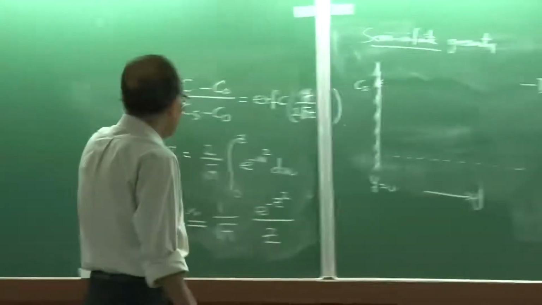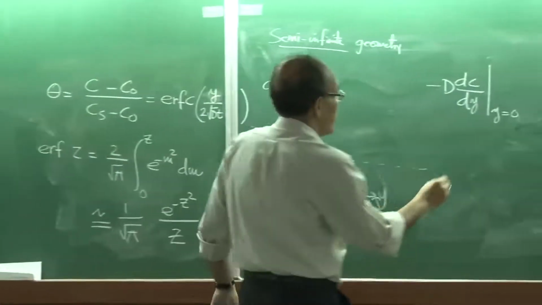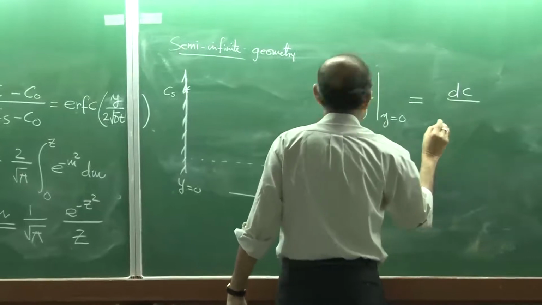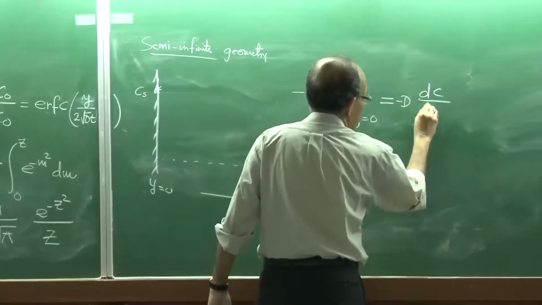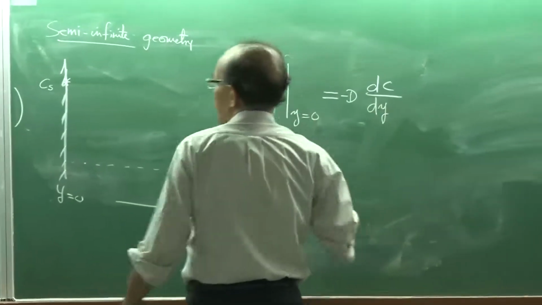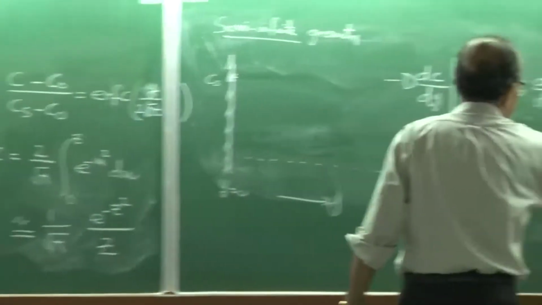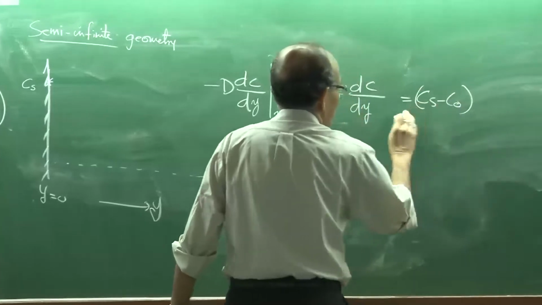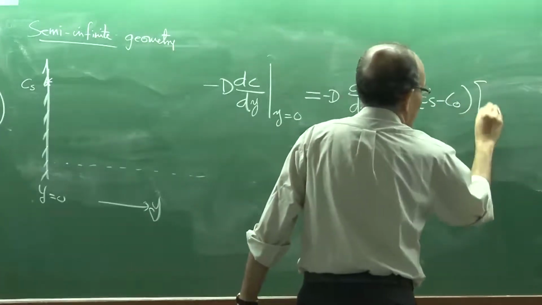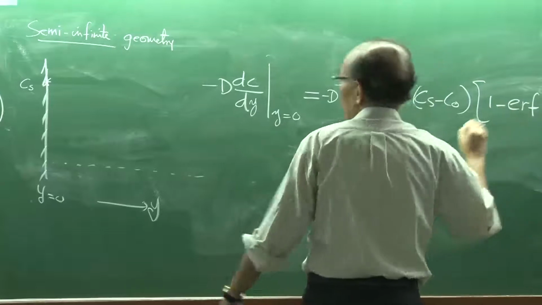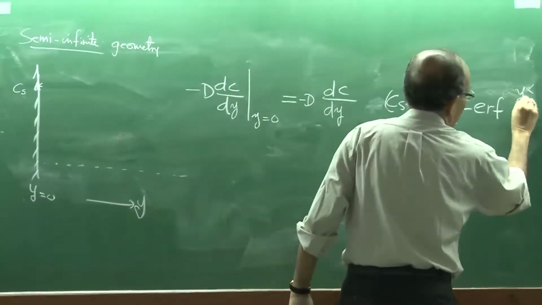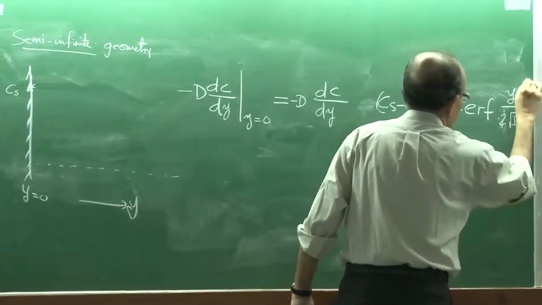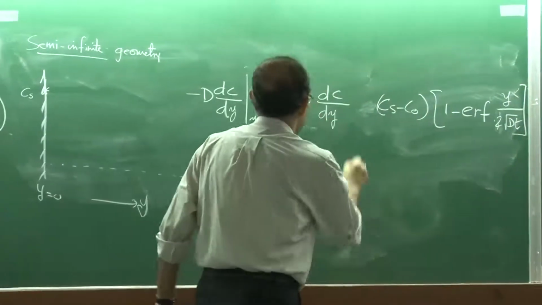And if you want to compute this, you can see that this is going to be minus D dC/dy, and this is going to be equal to, if I write it, Cs minus C0 into 1 minus error function of y divided by 2 times square root D t. That is what it is.